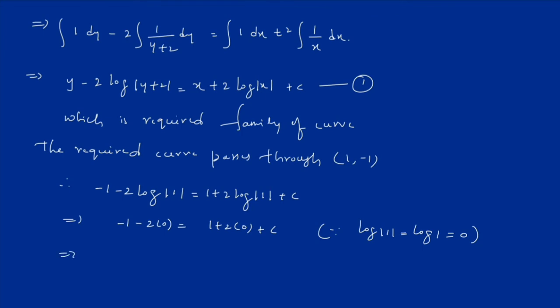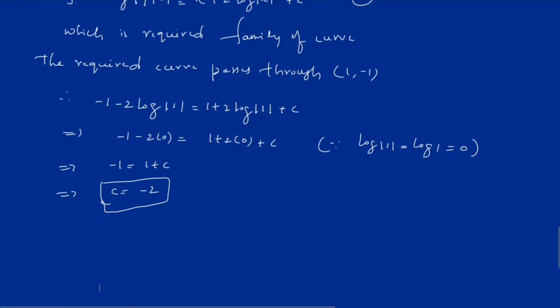So minus 1 equals 1 plus c. Therefore finally we get c equals minus 2, which is our required value of c, right?